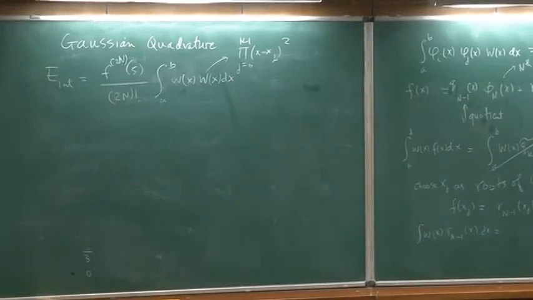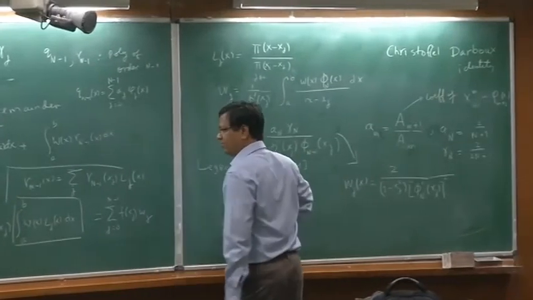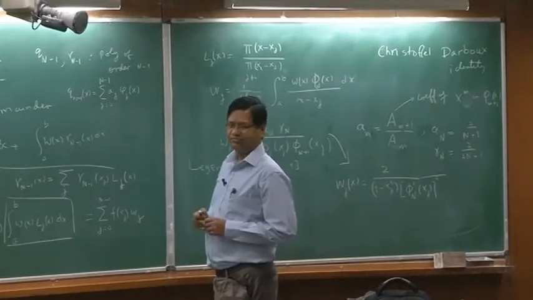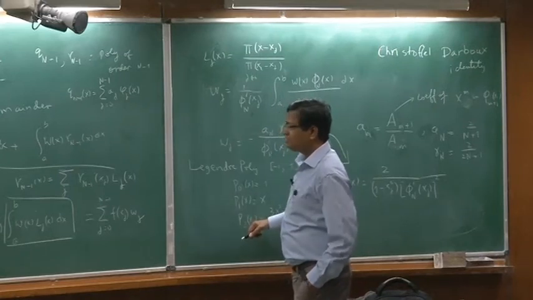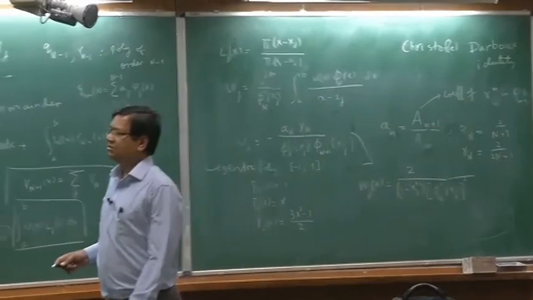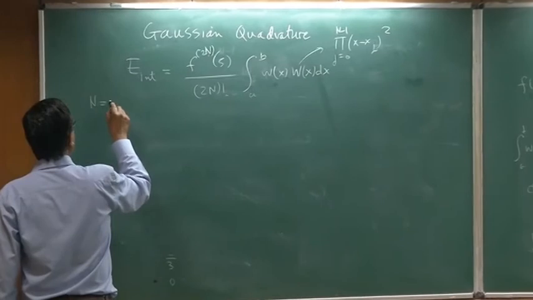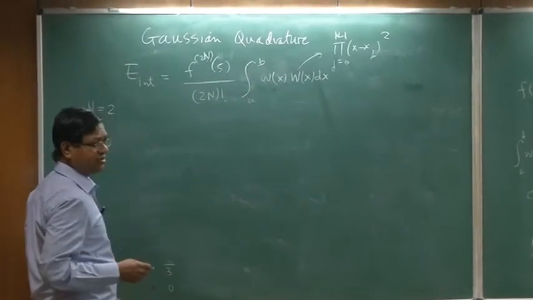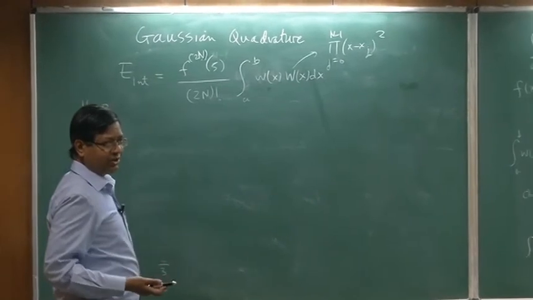Okay. Now let's work out the weights as an example. So I have written the Legendre polynomial. Let me just get w then x. So I am going to make this capital N equal to 2. So my integral will be exact up to 2n minus 1, which is cubic.